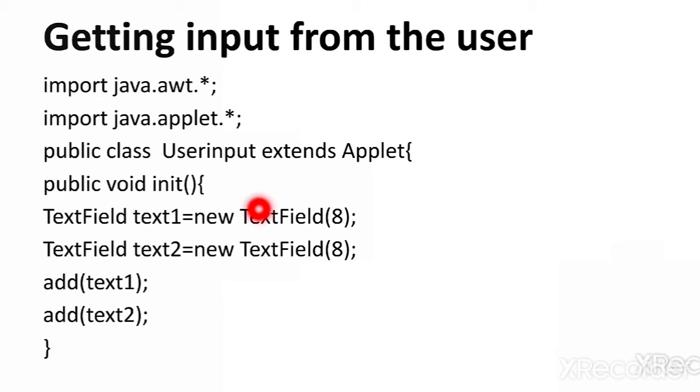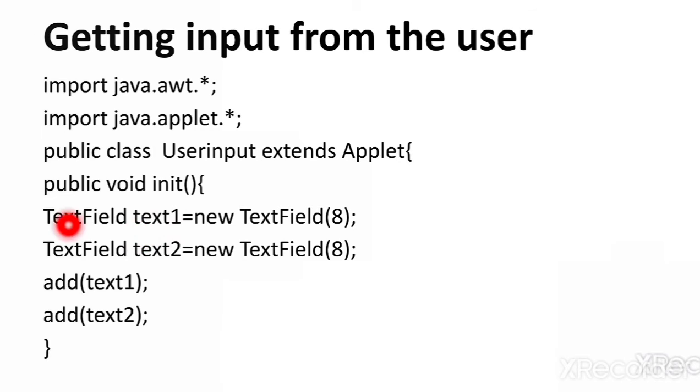To read input from the user in an applet, we are going to create text boxes. You know about text boxes because you have all used the Gmail web page to log into your account. You can check it out if you have not seen a text box by visiting the Gmail website.